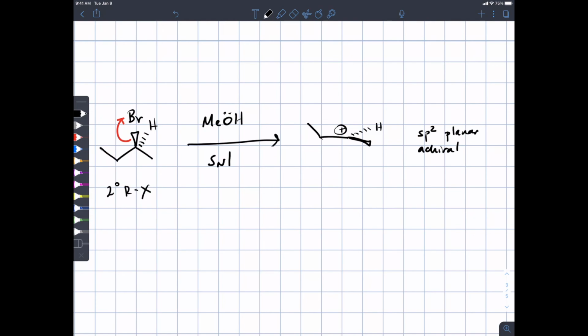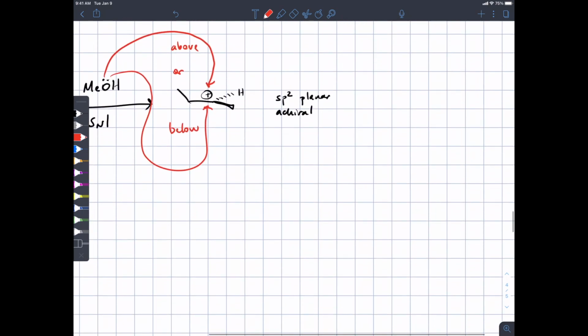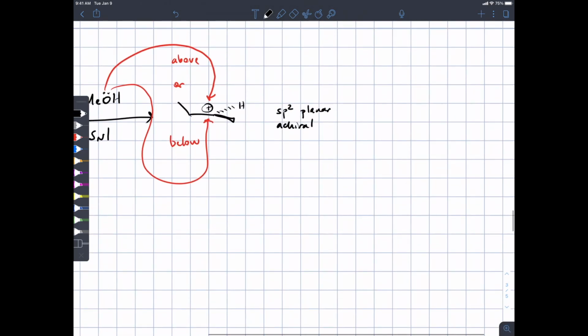We lost the stereocenter when the leaving group left. The top face of the molecule is exactly the same as the bottom face of the molecule. So our nucleophile can come in from above or below with equal frequencies. So yes, we're going to get both enantiomers.